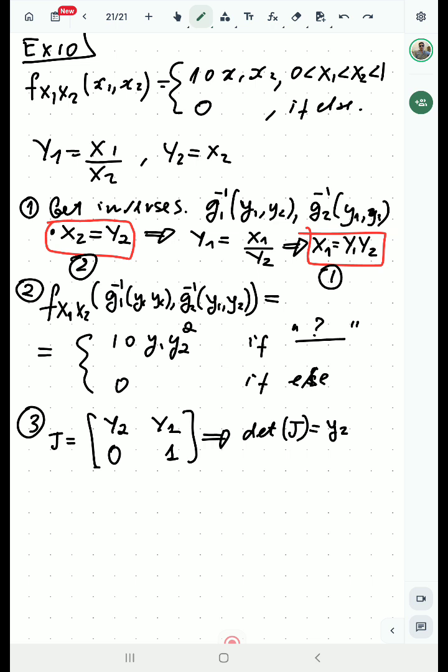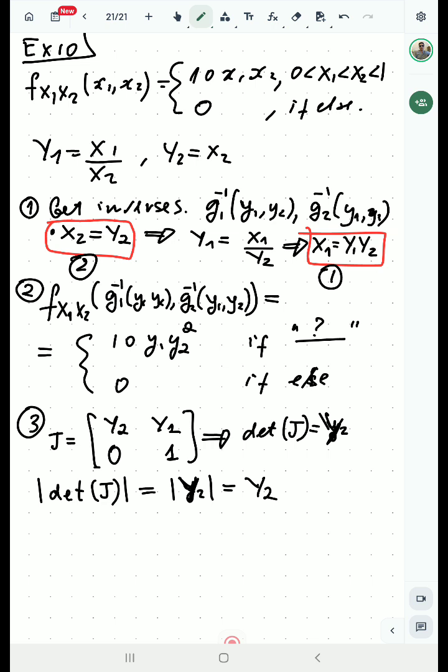And obviously, if you take the absolute value of this Jacobian determinant, that is going to give you y2 itself, right? Positive. Actually, this is a capital. So now we are ready to go.